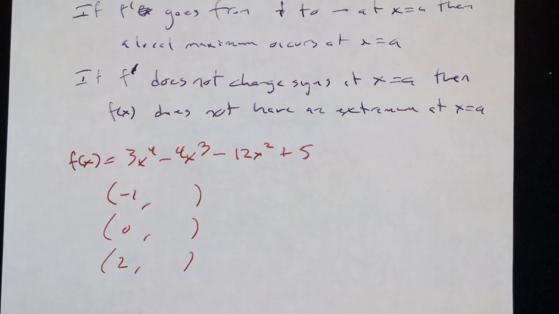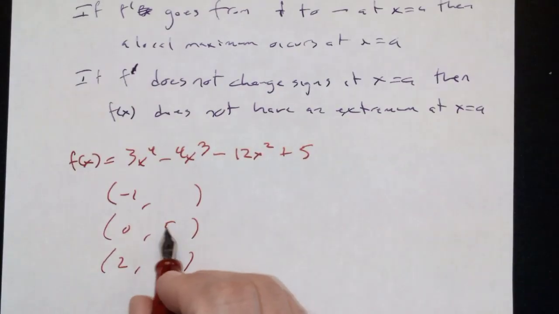One of these is really easy. The other two require me to actually do the math. If you put in 0, you get 5.